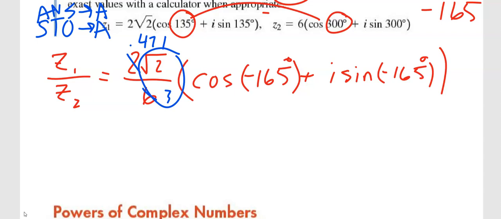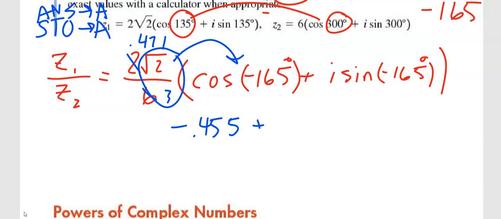So what I can do then is tell my calculator A times cosine negative 165. If I take that A value and multiply the cosine of negative 165, the calculator gives me a result, and you should double check this to make sure you get the same. Then alpha A times the sine of negative 165.